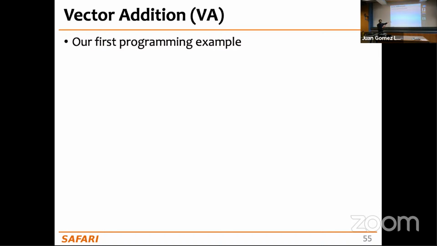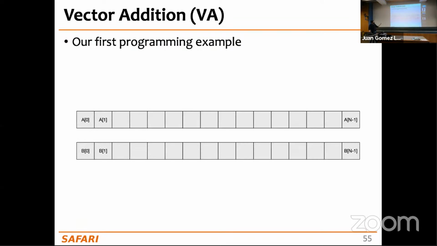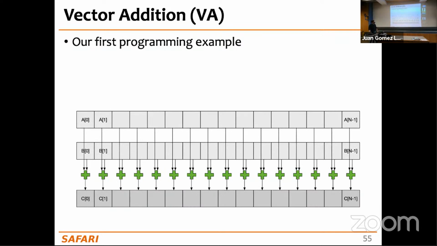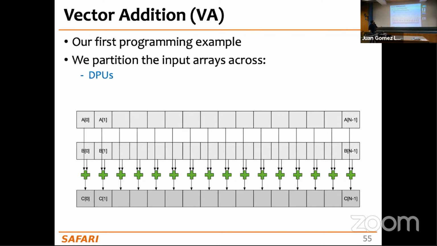You have seen more than 2,500 DPUs, and also internally inside each DPU, we will have multiple threads running, right? So we have to partition the whole workload in some way over these DPUs and tasklets or software threads. So in vector addition, as you for sure know, we have 2 input arrays, A and B, and what we perform is the element-wise addition of A and B in order to calculate the values of an output array C. This is a simple programming example, right?